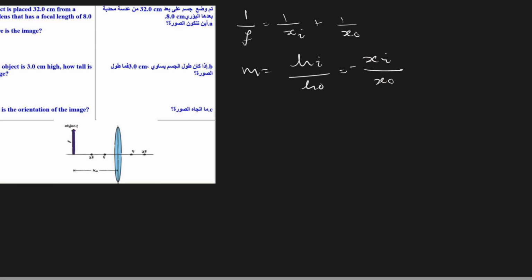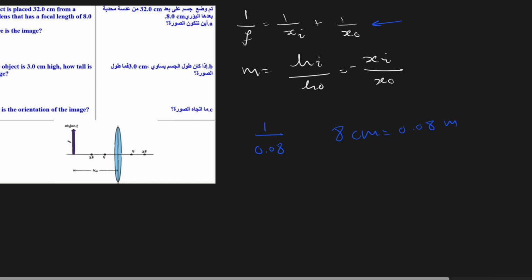To find the location of the image, if we know the focal length, then it is easy to find using this equation. So 1 over the focal length, what is the focal length? It's 0.08, because it's 8 centimeters, and 8 centimeters is just 0.08 meters.